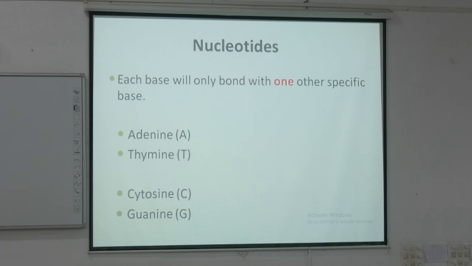Out of the four, can you tell? Adenine and guanine are purines. Okay. That means a purine binds with a pyrimidine.